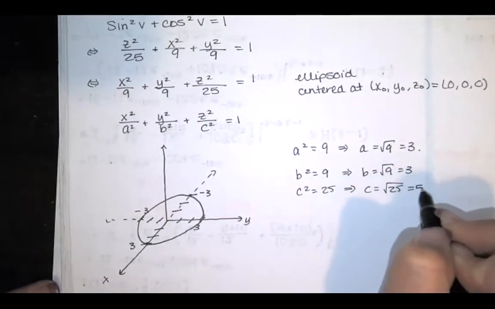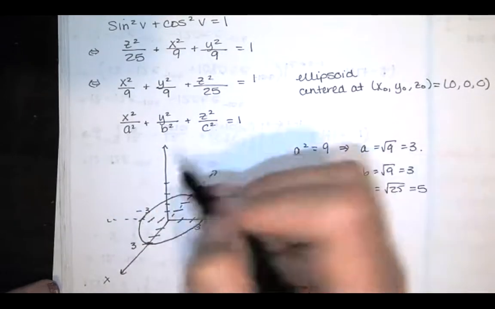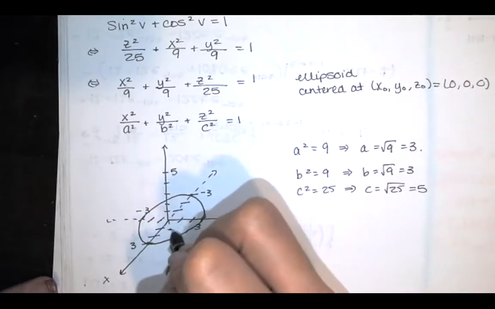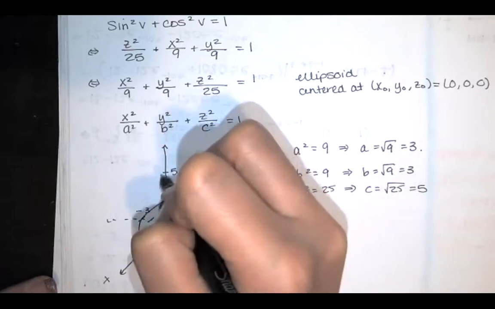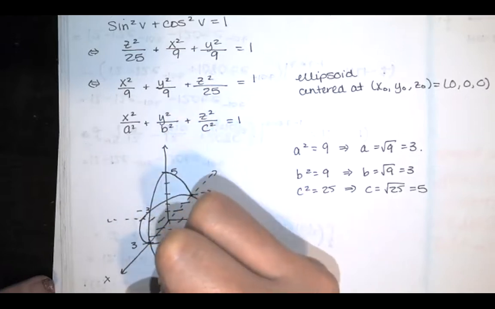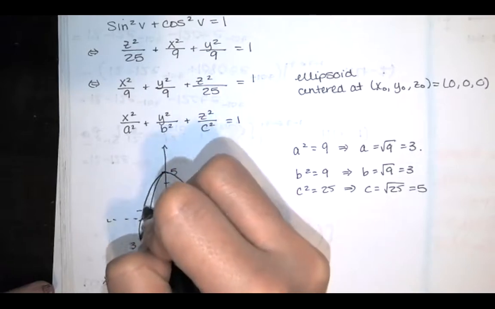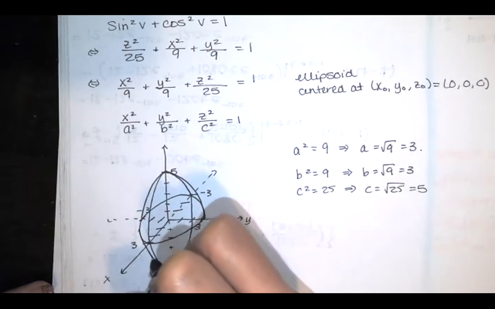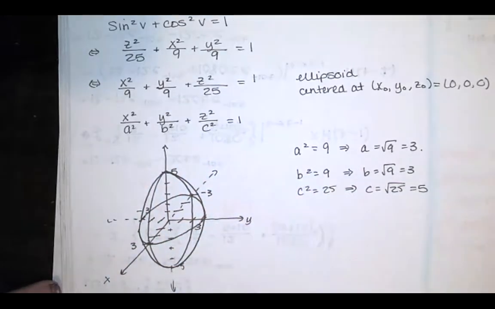So c is 5. That means we're going to go plus and minus 5 units in the z direction. And we get this. Kind of reminds me of a peanut M&M.